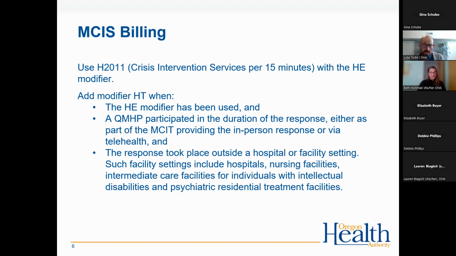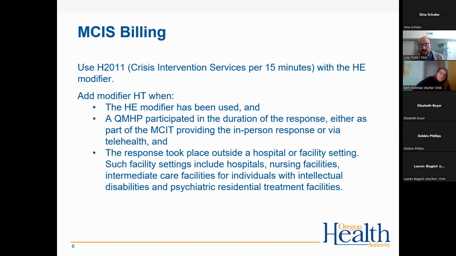Well, if a QMHP responds via phone, and I don't know if this is your exact scenario, Tammy, as part of the mobile crisis intervention service, MCIS is billed, according to this guide, at H2011 HE, $105.57 per 15 minutes. The QMHP's response is part of the service and the rate that you get paid for that is $105.